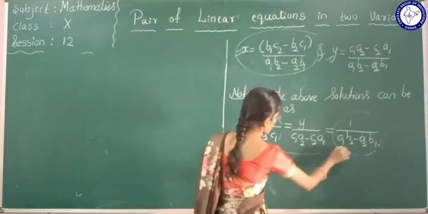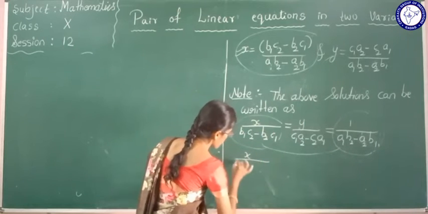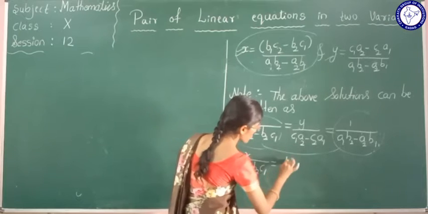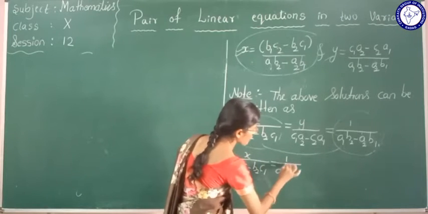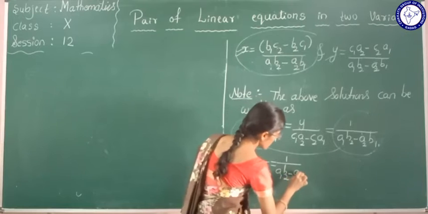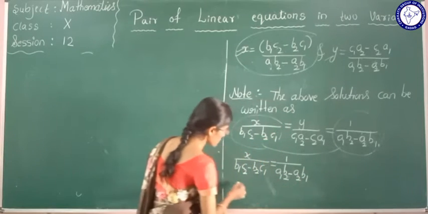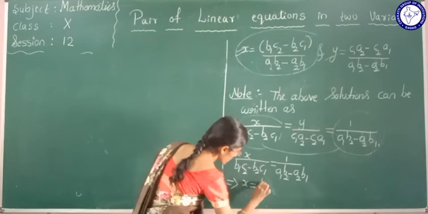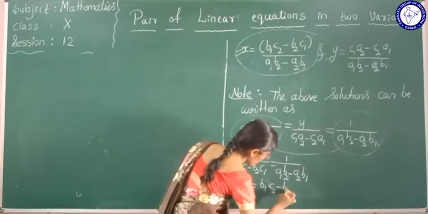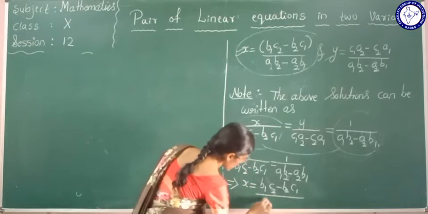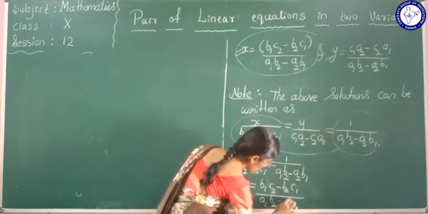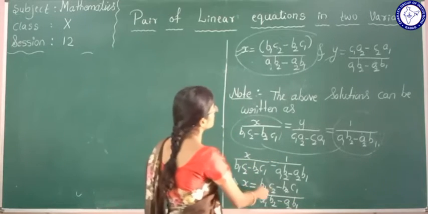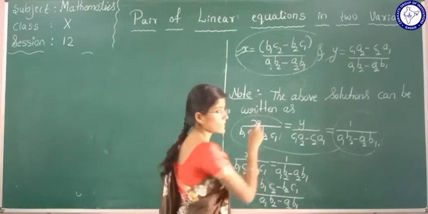Now compare these two: x divided by b1 c2 minus b2 c1 is equal to 1 divided by a1 b2 minus a2 b1. If we compare these two, x is equal to b1 c2 minus b2 c1 divided by a1 b2 minus a2 b1. We are getting the same thing, no? Yes, we are getting the same thing.